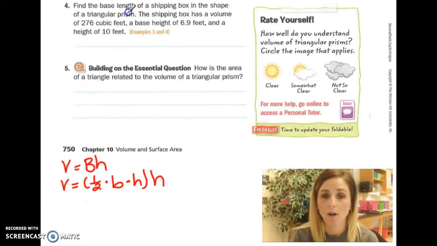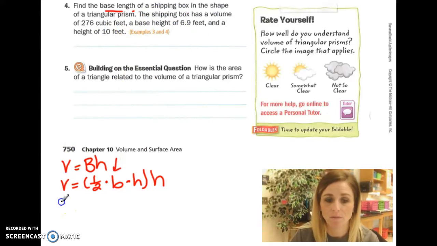So we are missing the base length. So this is the height that we are missing right here. So we are missing that piece. And actually we're missing the base, sorry, that part.